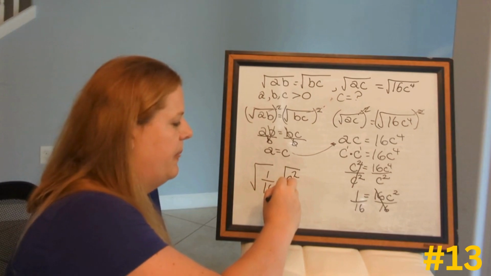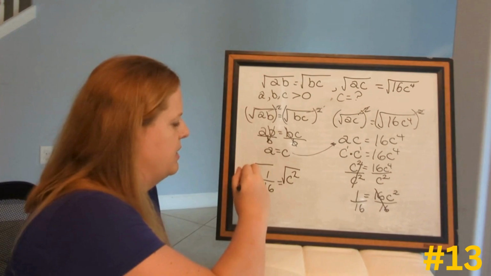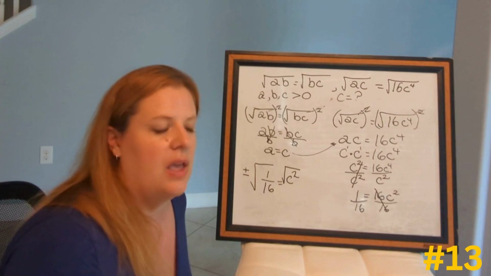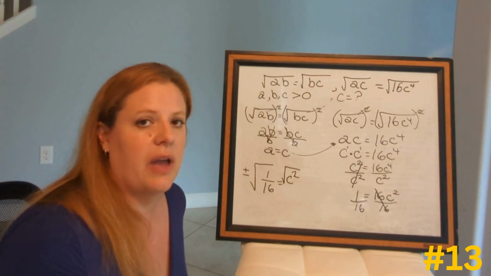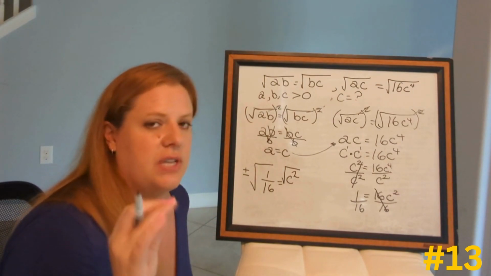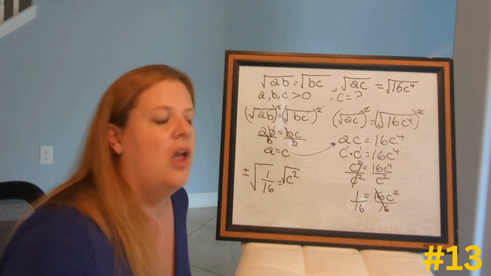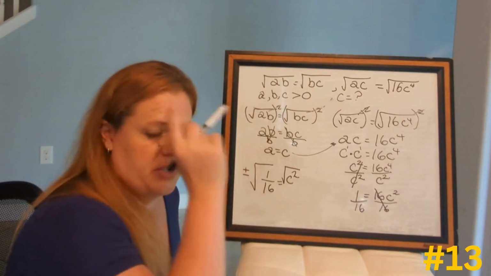Now remember, if we're dealing with a square term, this is going to be plus or minus the square root of 1 over 16. If you forget that, on this problem, it's actually okay. It'll work out for you. But if you're taking the Algebra EOC, ACT, SAT, CLT, PERT, then you want to make sure that you're putting that plus or minus so you don't mess yourself up.